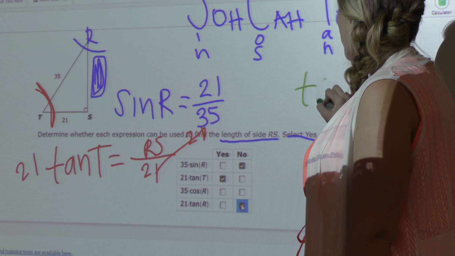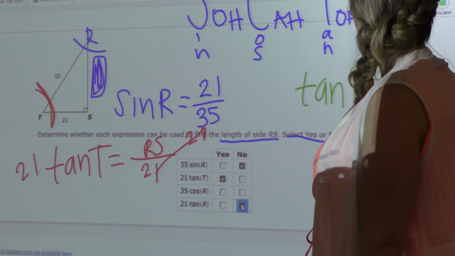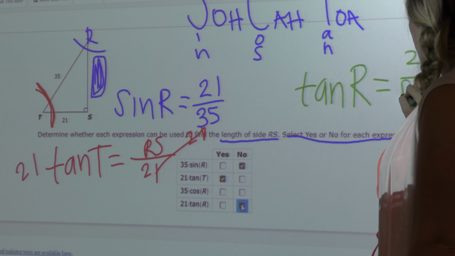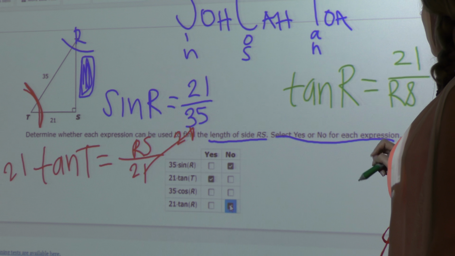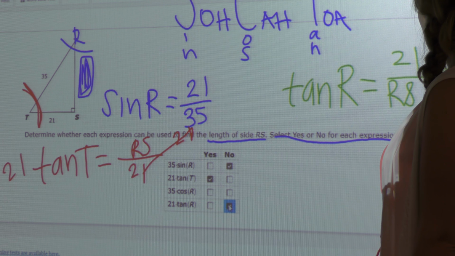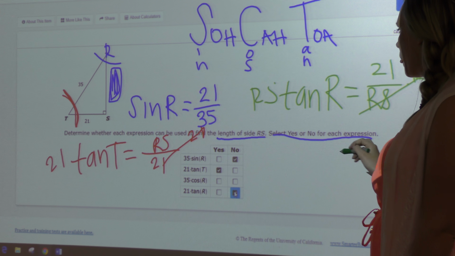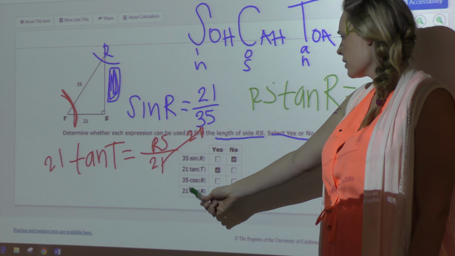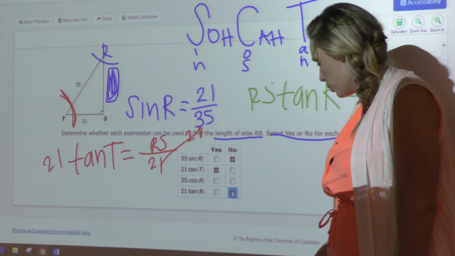And so the tangent of angle R is going to equal 21 over RS. Well, I have to multiply both sides by RS. This doesn't say RS times tangent of R. So that one can't be true.